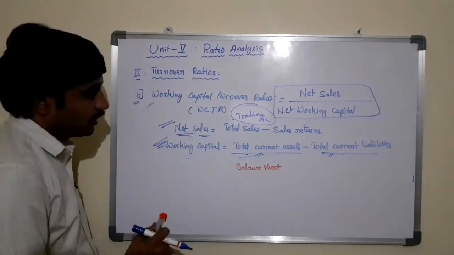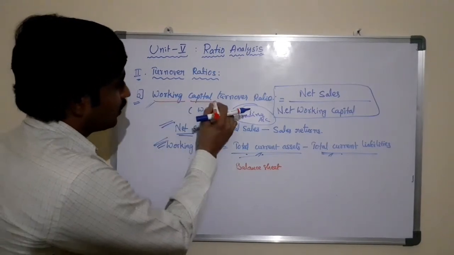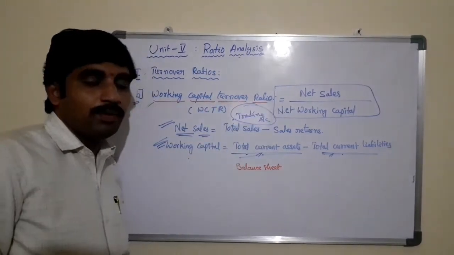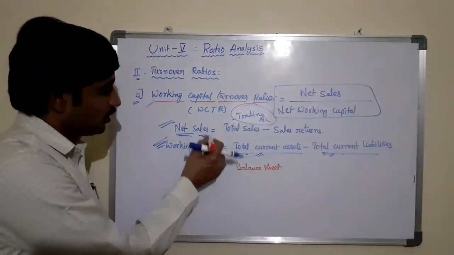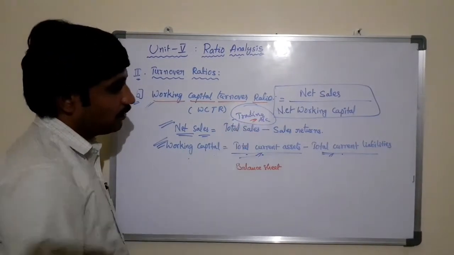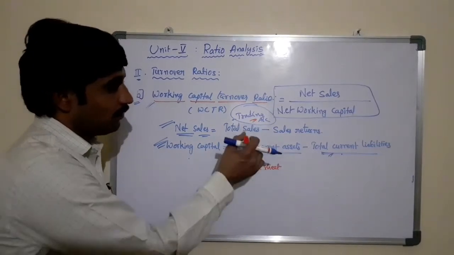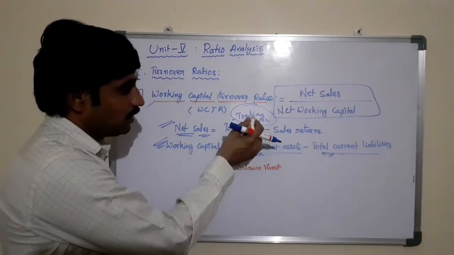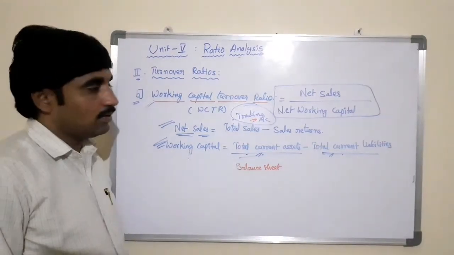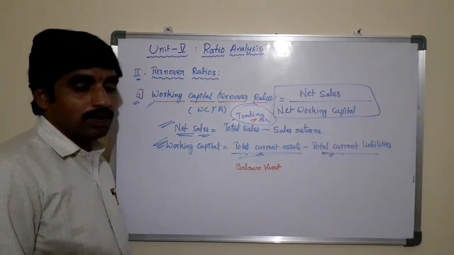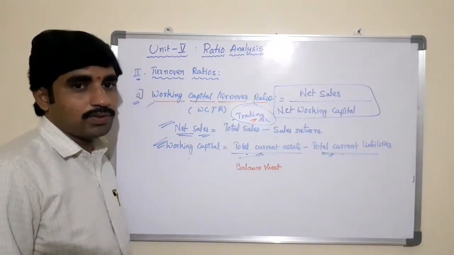Therefore we can say that this working capital turnover ratio belongs to composite ratios, because these two items are taken from two different statements of the financial statements, that is the trading account and the balance sheet.